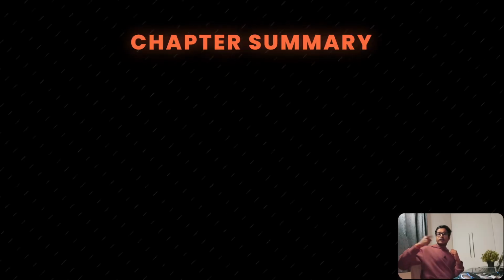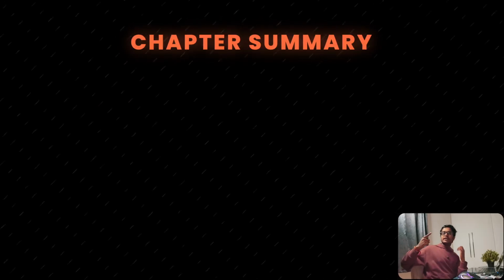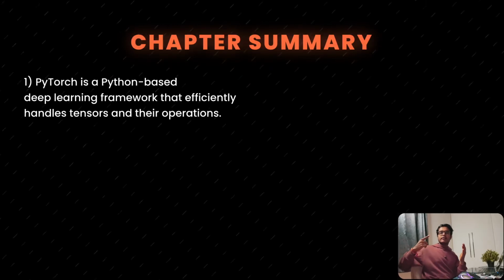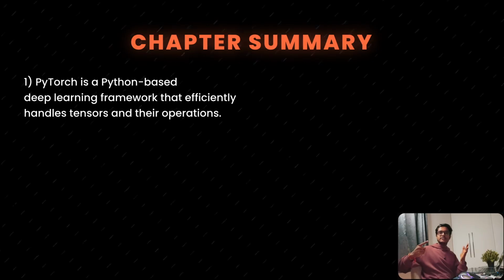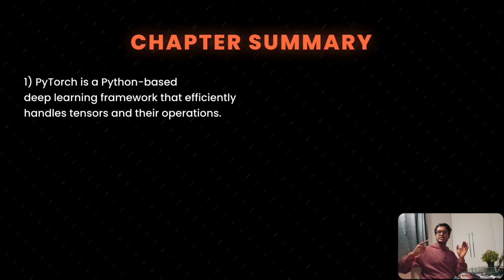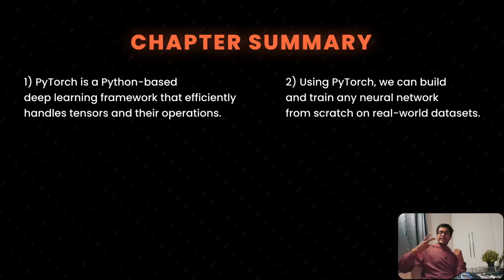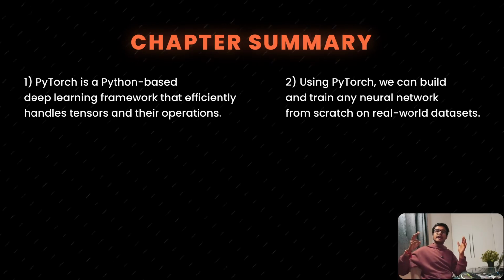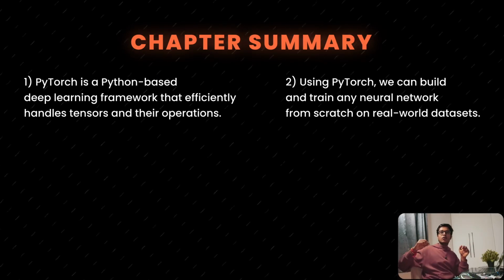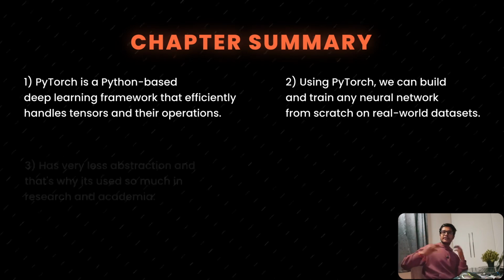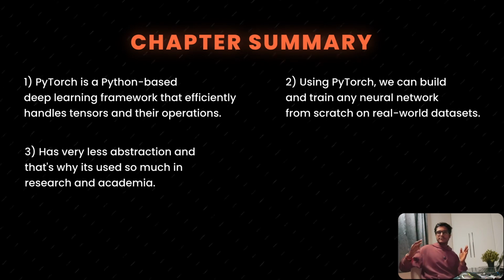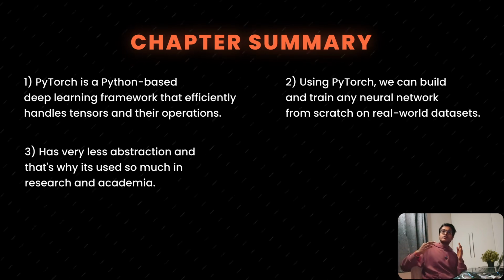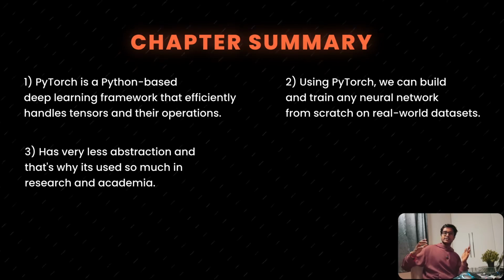Okay, now it's time for a quick summary. So first, PyTorch is a Python-based deep learning framework which optimizes in tensors and handles tensor operations very efficiently. Next, using PyTorch, we can build all sorts of neural networks and train them from scratch on real-world datasets. Third, PyTorch involves very little abstraction, and that is why it is used extensively in research.